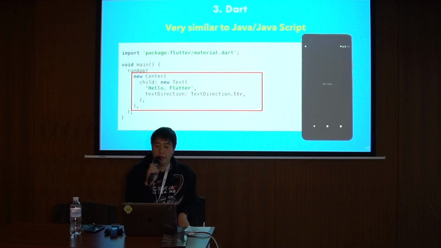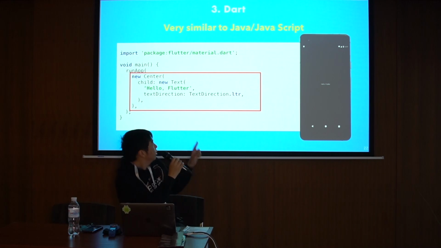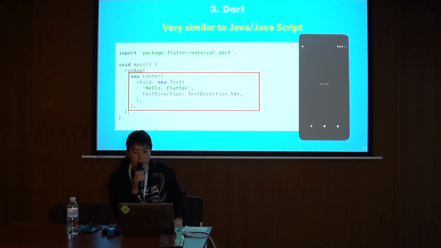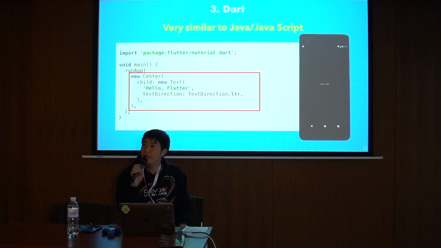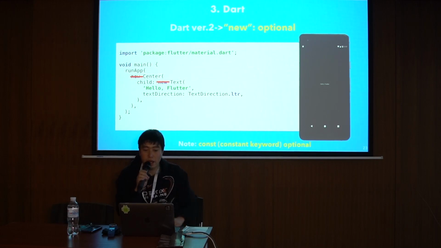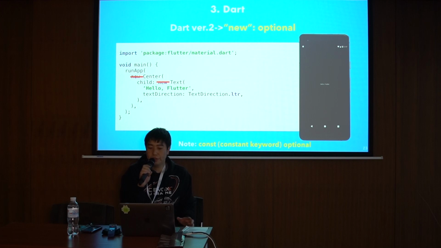And center means centering component. Text means text component. In Flutter, these components are all called widgets. Dart has some versions.